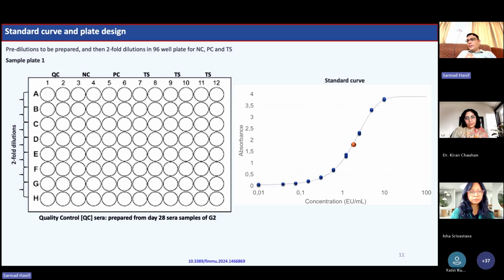The second question was, can we use ELISA for clinical trials of vaccine? Yes.